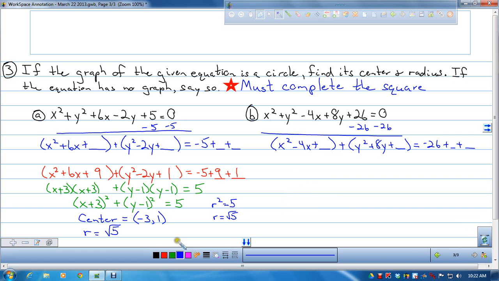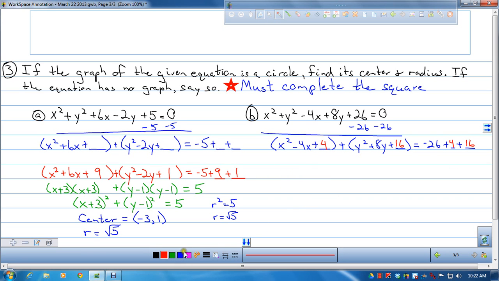Let's go ahead and fill in these blanks. Divide that by 2, and that would be negative 2. Negative 2 squared is positive 4. Divide that by 2, that would be 4. 4 squared is 16. So I added a 4 and I added a 16.